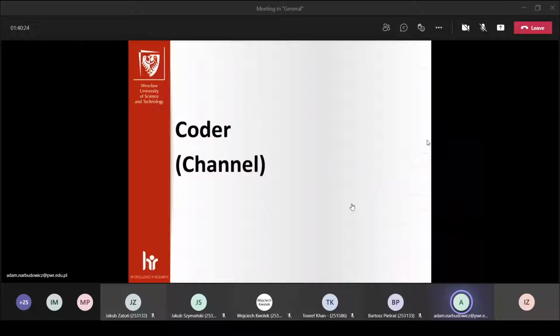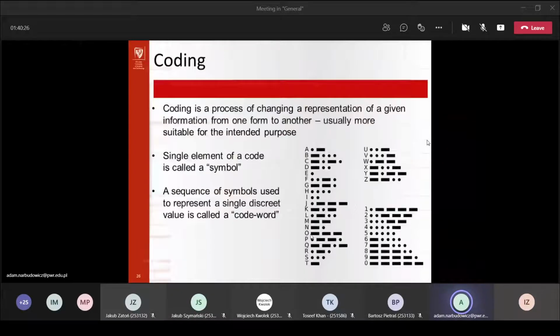So we'll start with the coder. As we already discussed, coding, to define the process formally, is a way of changing the representation of a given signal into one more suitable for the intended purpose. Here I have an example of Morse code.